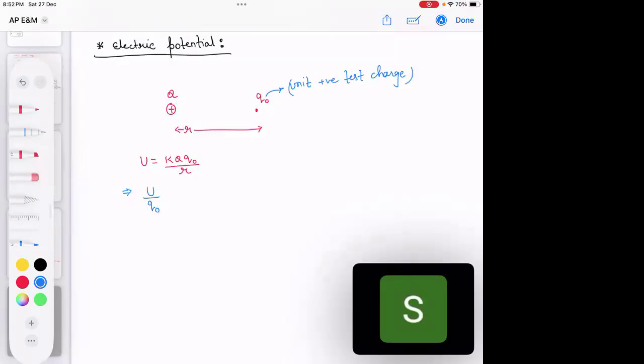Means if I take the Q naught as unit magnitude and positive in nature, then whatever the potential energy will be for this unit positive test charge configuration, tell me what we are going to call that. That is actually called V. V is the potential of that point.